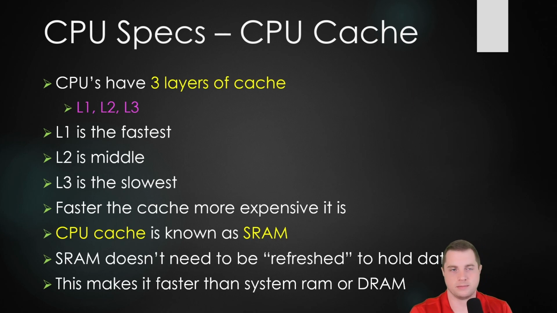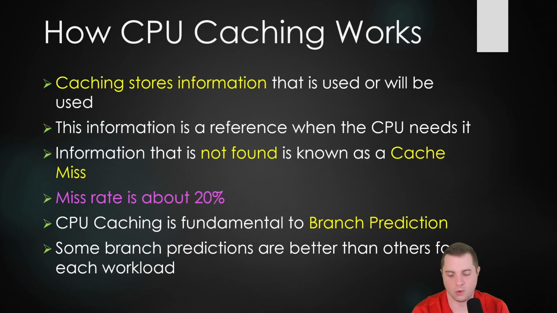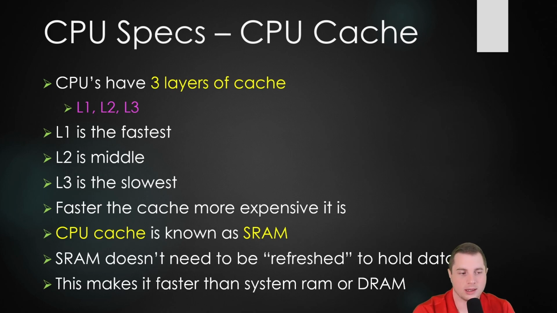L2, very similar to L1, just not as important depending on what the algorithm's telling it. So that's going to be stored in L2. L3, again, still very close. It's on the silicon itself for the CPU. It's still very fast. It's just not as fast as L1. Okay. And then we have RAM. RAM is very fast as well. It's just farther away from the CPU.